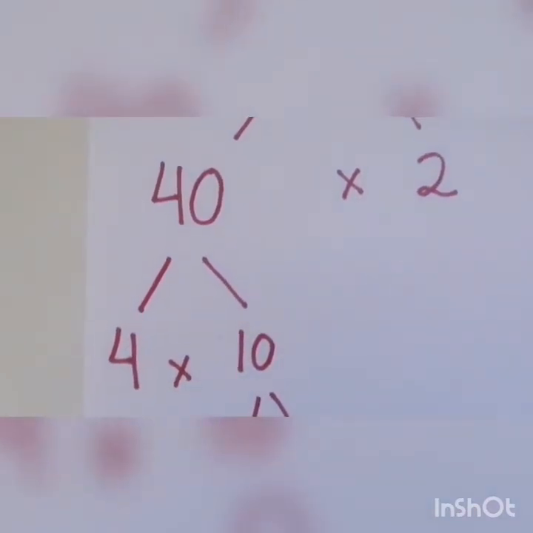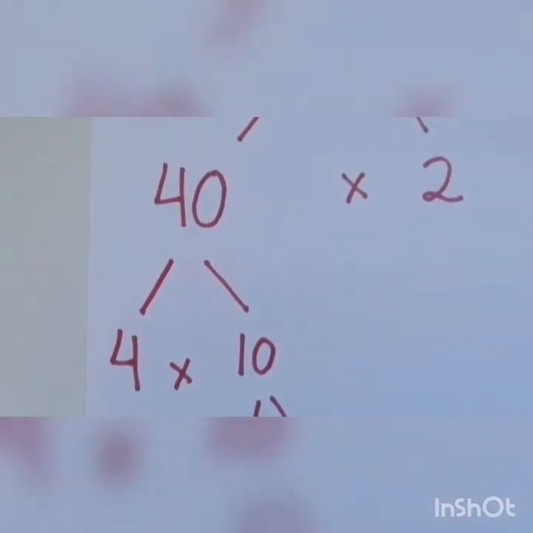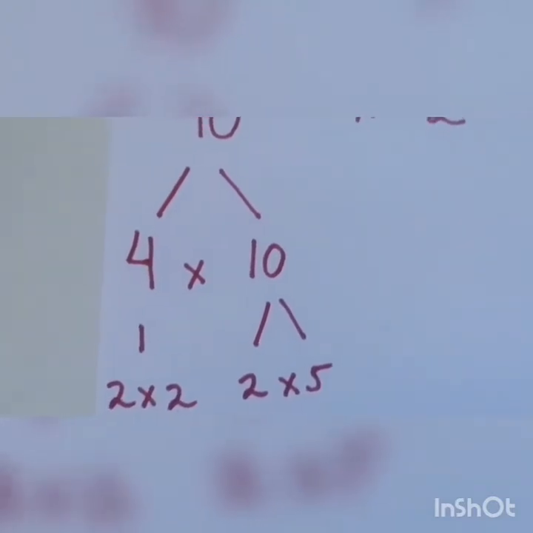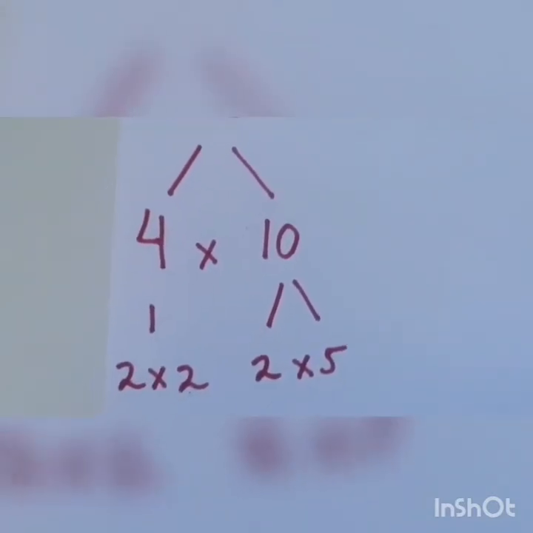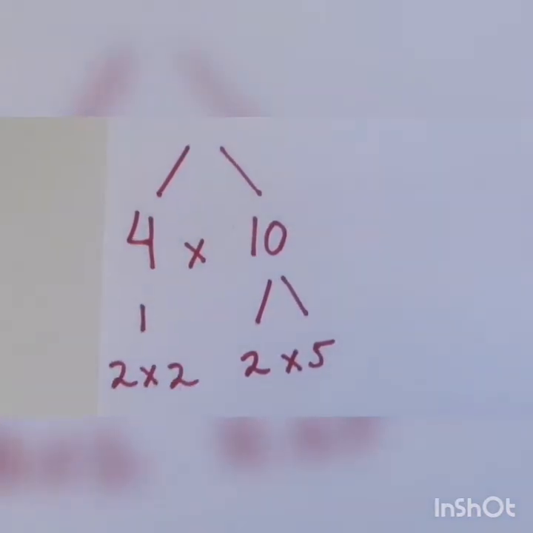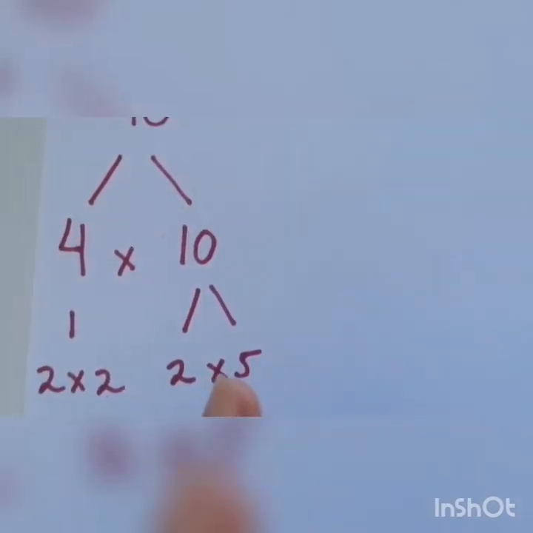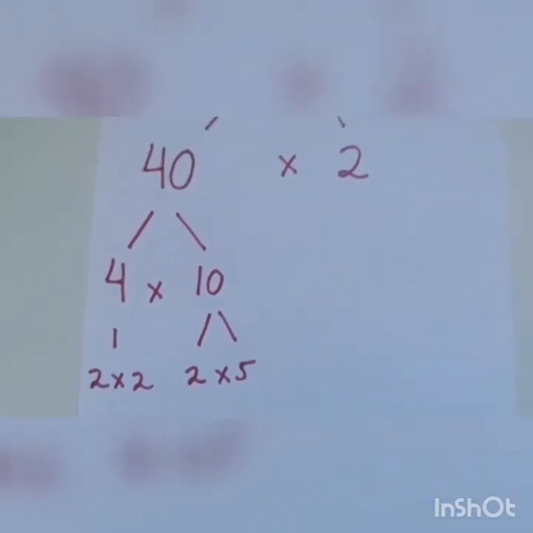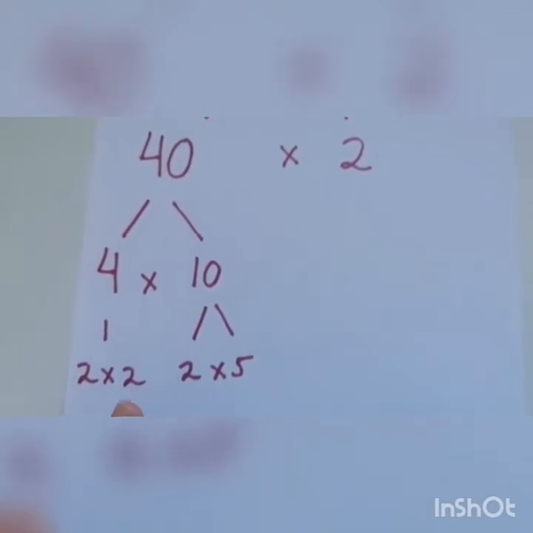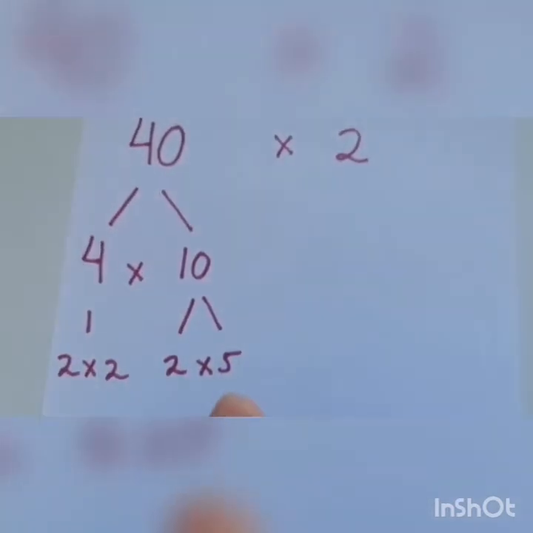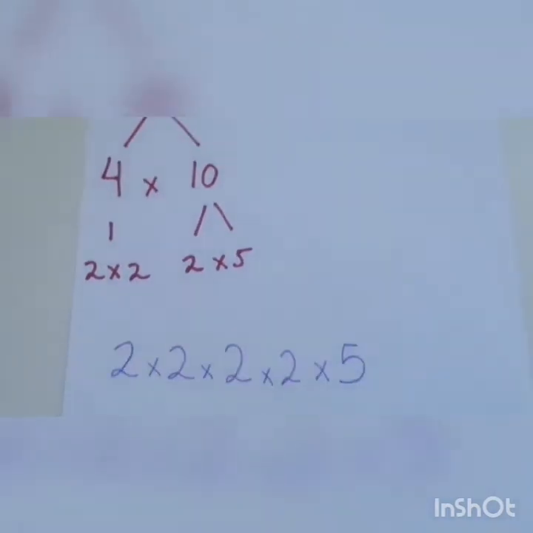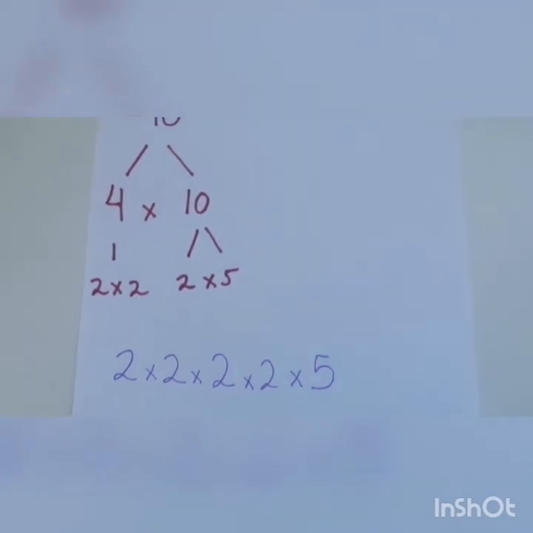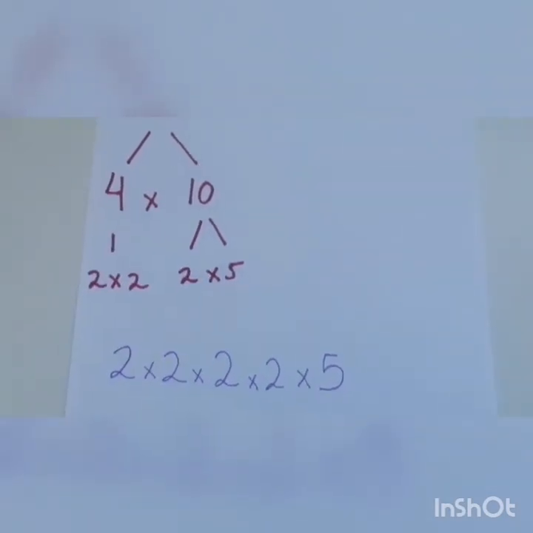Are both numbers prime numbers? No, so we follow with this amazing tree, and here we have 2 times 2, which is 4, 2 times 5, which is 10. So the result is 2 times 2 times 2 times 2 times 5. So the prime factorization of 80 is this result.